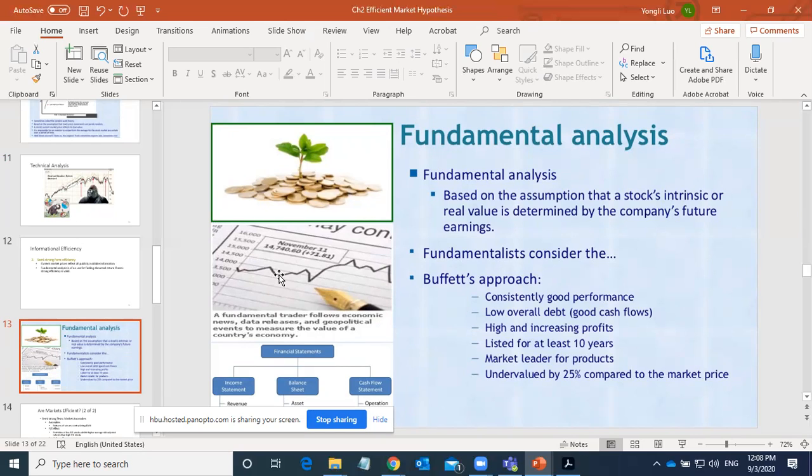So the semi-strong form says we have to do some fundamental analysis before we invest in stock. That's what a lot of people do. Some of the people believe it, and some of the people don't.